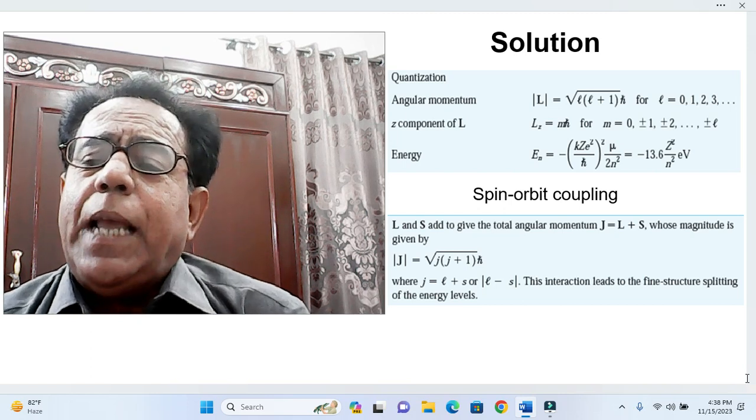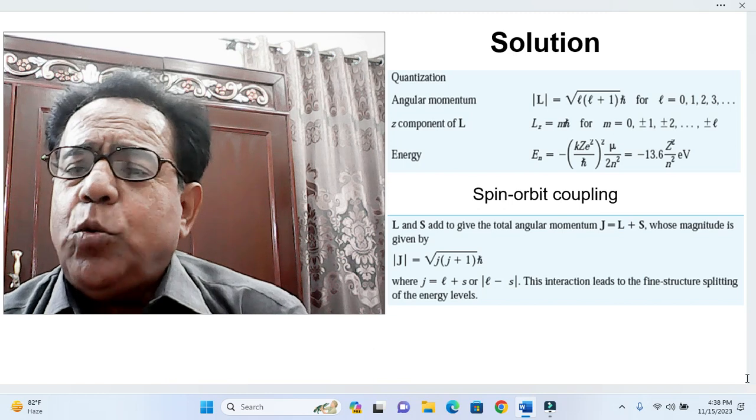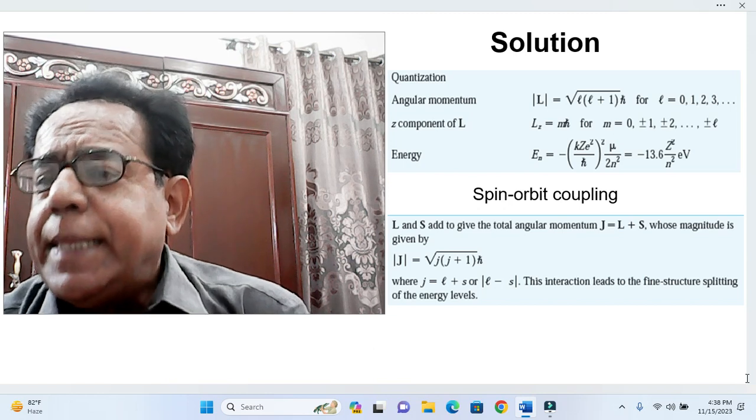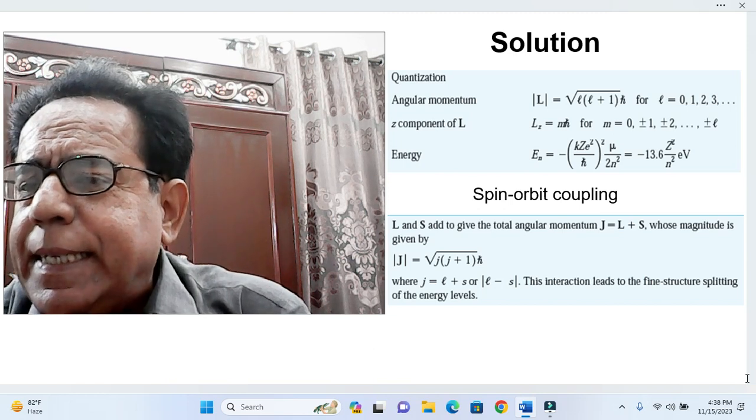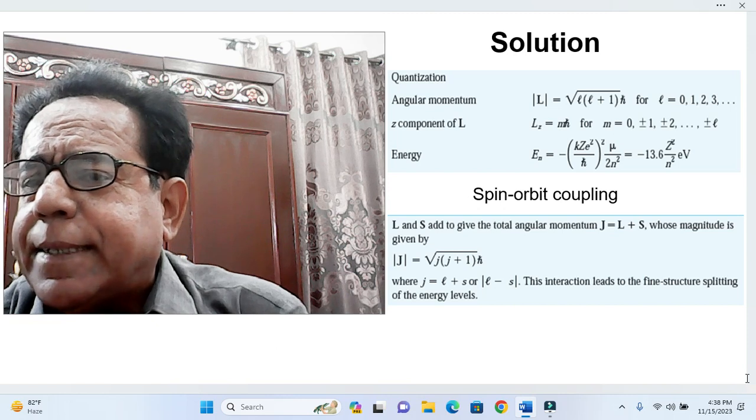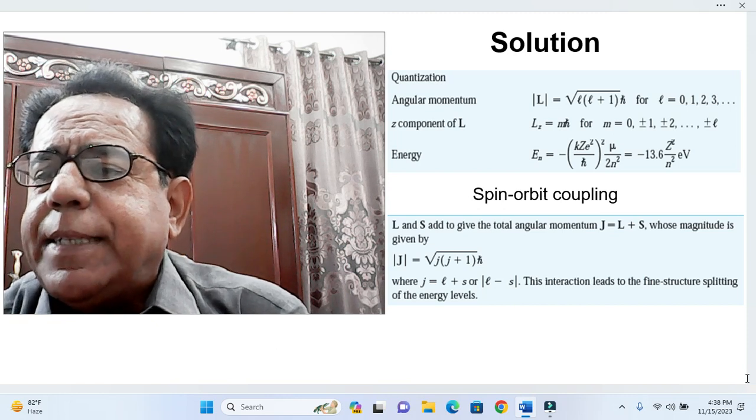This interaction leads to the fine structure splitting of the energy levels.